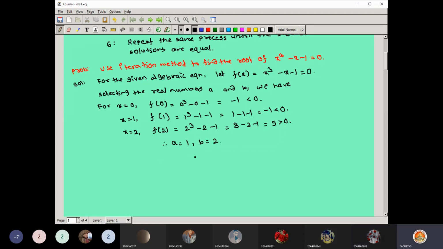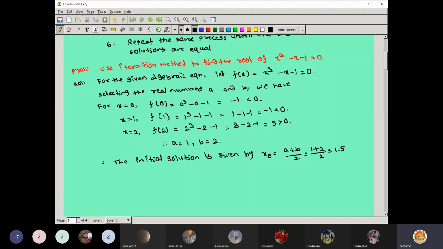Once you have the a and b values, the initial, or starting, solution as per the procedure is given by x naught equal to a plus b divided by 2. Your a value is 1, b value is 2, divided by 2, 3 by 2, which is 1.5.